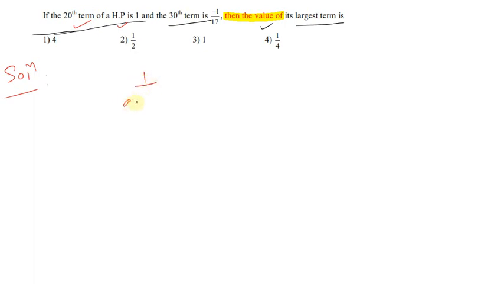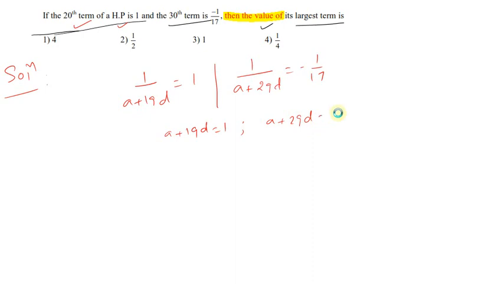So the reciprocal of this, 1 by A plus 19D, is equal to the given 1. And the 30th term is given as minus 1 by 17. So that means 1 by A plus 29D is equal to minus 1 by 17. So A plus 19D is equal to 1, and A plus 29D is equal to minus 17.